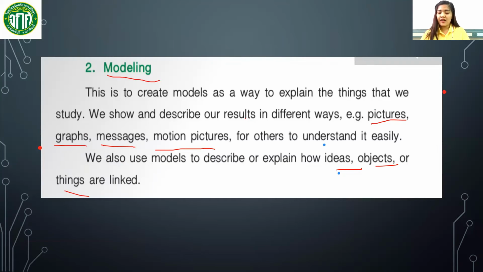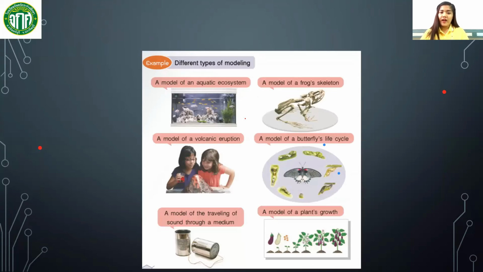Okay, so let's see an example of modeling. So we have here different types of modeling. Okay, so we have here a model of an aquatic ecosystem, which is an aquarium.